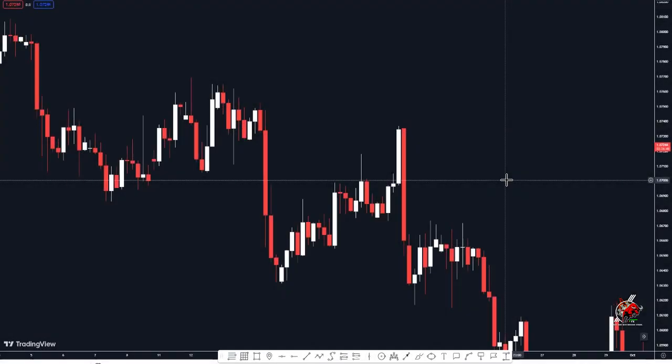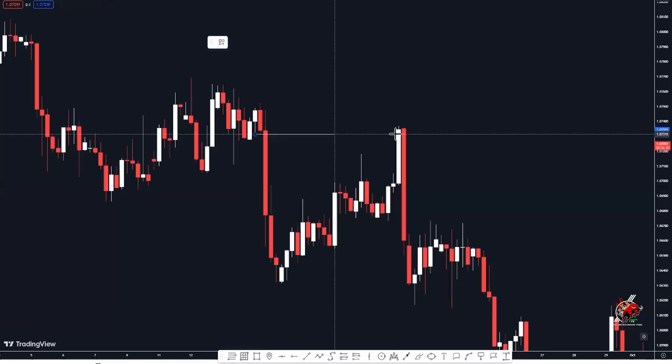Alright, this is the part of the video where we go through live chart examples. I will start with the bearish example, and then proceed with the bullish example. As we can already identify this order block, this wick right here does not meet with this wick right here.